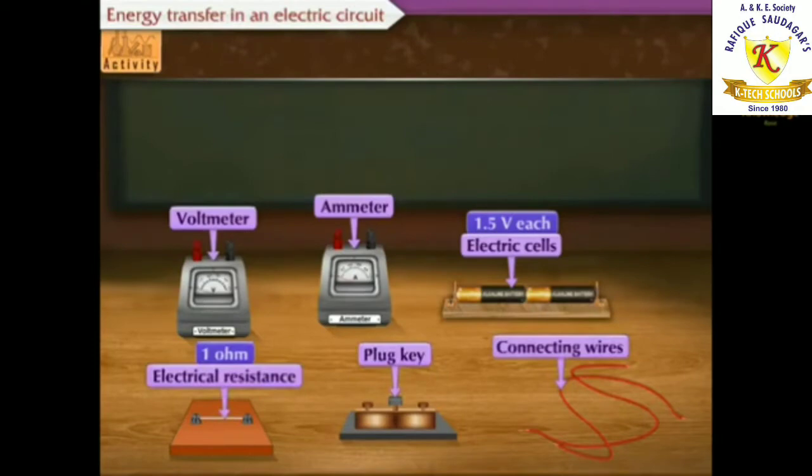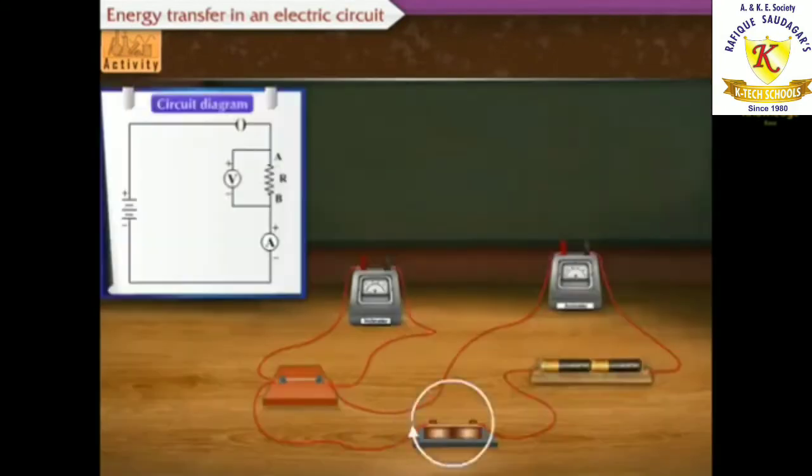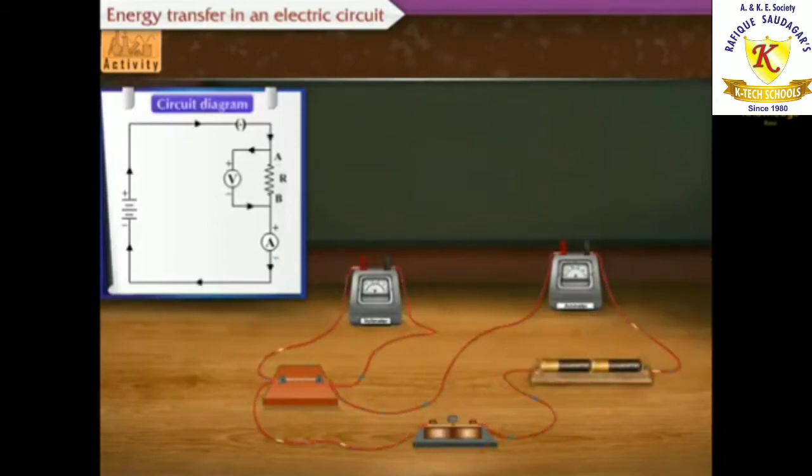So children, let us start now with this activity. First, we shall connect the circuit as shown in this circuit diagram. Let us now put the plug in the key.